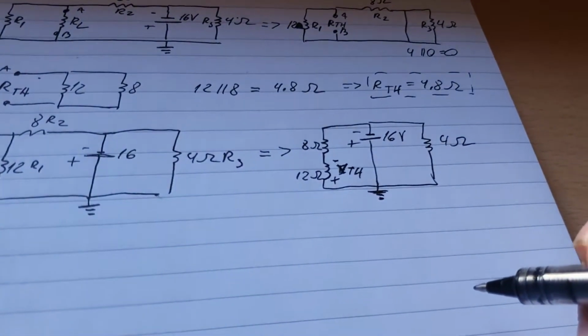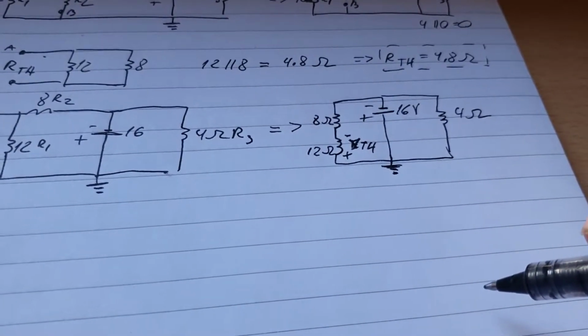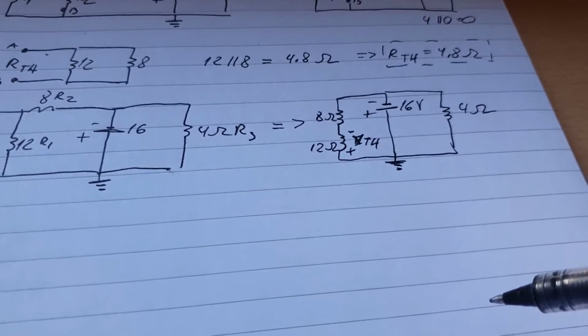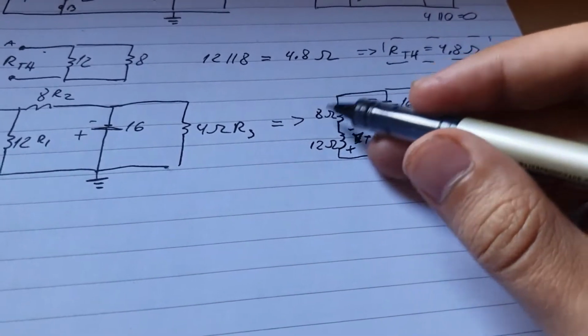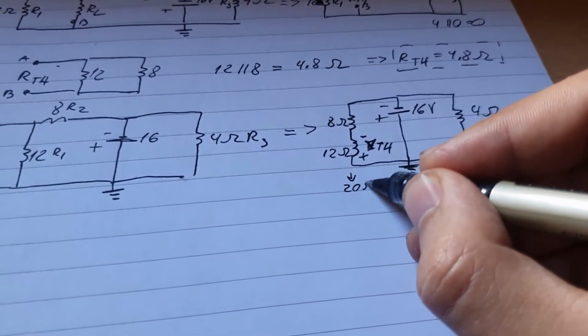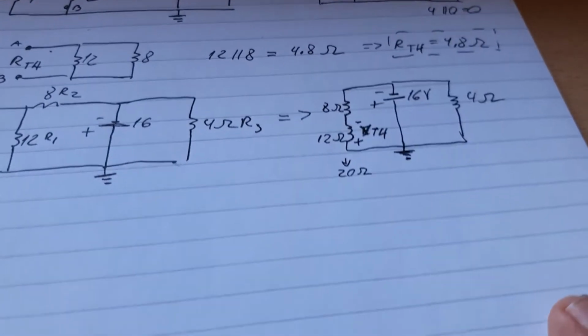So now we can see how we can calculate this, and there are multiple ways to do it, but I'll show you the simplest way, which is adding those two together to give us 20 ohms. So there'll be 20 ohms together, and then we have the 4 ohms in parallel.